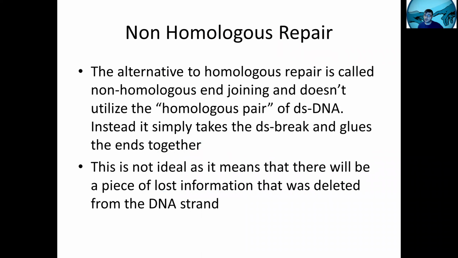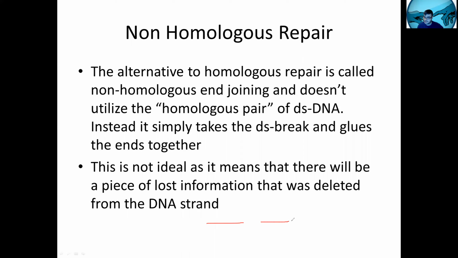The alternative to homologous repair is something called non-homologous end joining, and it doesn't utilize the homologous pair of double-stranded DNA. For example, if you don't have a second pair of double-stranded DNA available, you go through non-homologous end joining, and it simply takes the double-stranded break and glues the ends together. This is not ideal, as it means there will be a piece of lost information that was deleted from the DNA strand, and I'll show you an image.